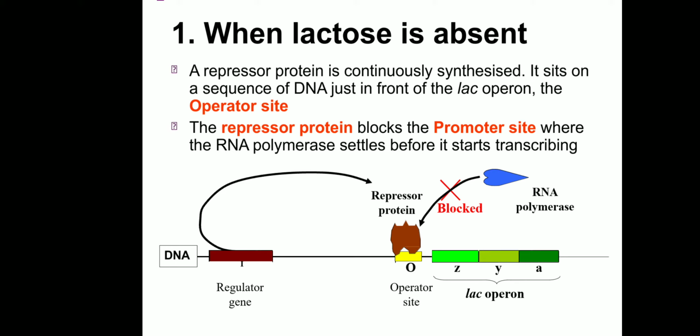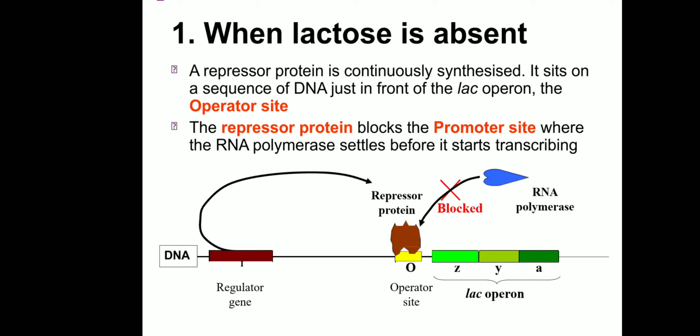There are three structural genes: Z, Y, and A. Z is transcribed into mRNA and directly translated into protein.